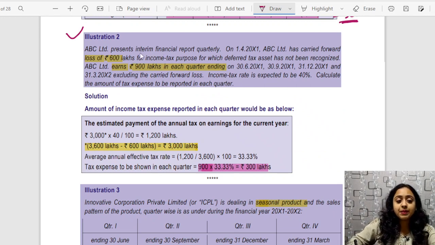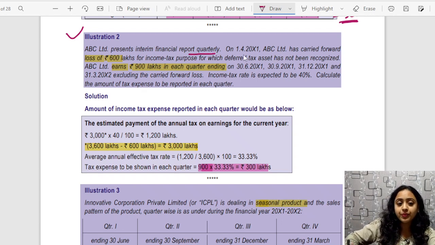ABC Limited presents interim financial reports quarterly. On 1st April 2001, ABC Limited has a carried forward loss of 600 lakh from the previous financial year for income tax purposes, for which deferred tax asset has not been recognized.